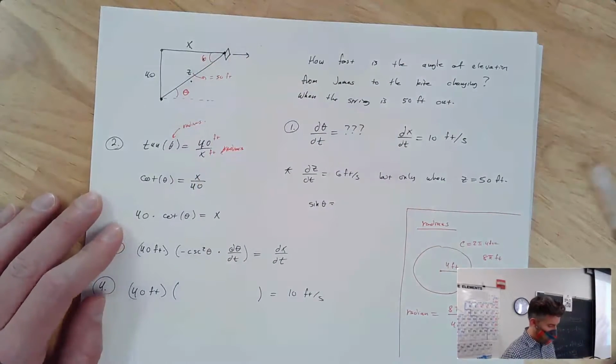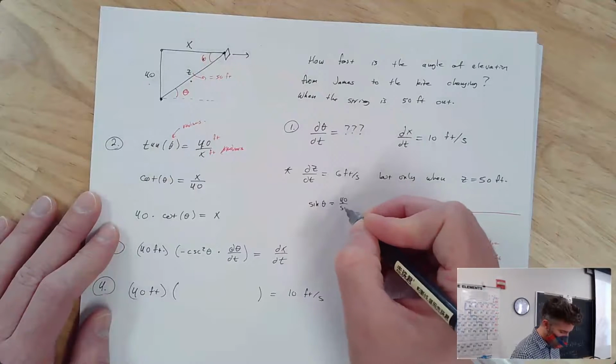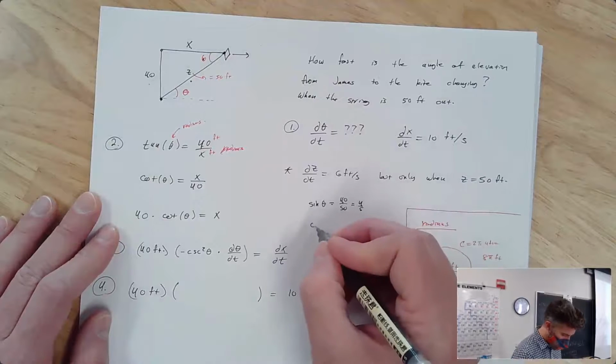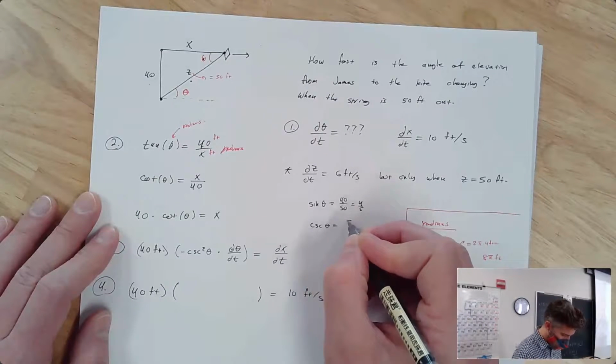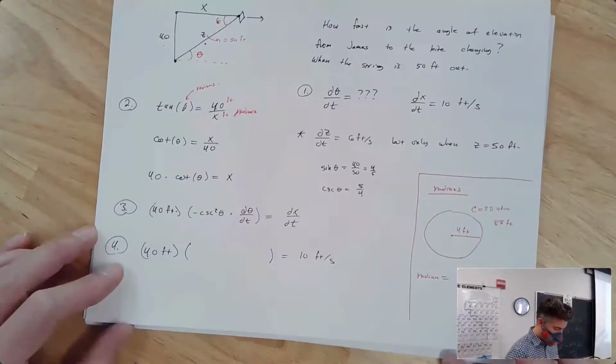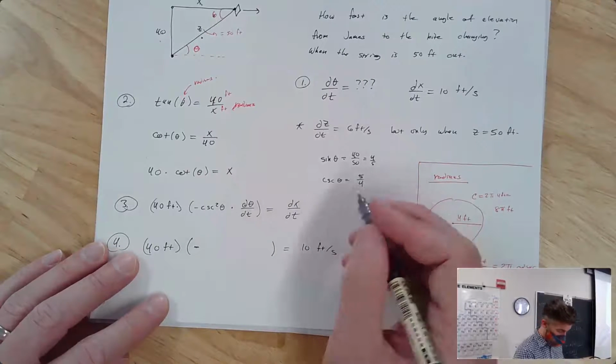So sine of theta is opposite over hypotenuse, which is 40 over 50, or 4/5. Which means cosecant of theta is going to be the reciprocal, 5/4. So cosecant squared is going to be 5/4 squared, which is 25/16.